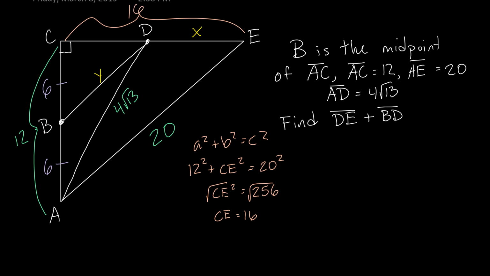Now, can I sit here now and say this is 8? Why? Because it's the midpoint. So what told you it was the midpoint? The given says it's the midpoint? No. Does anything anywhere tell you D is the midpoint of CE?